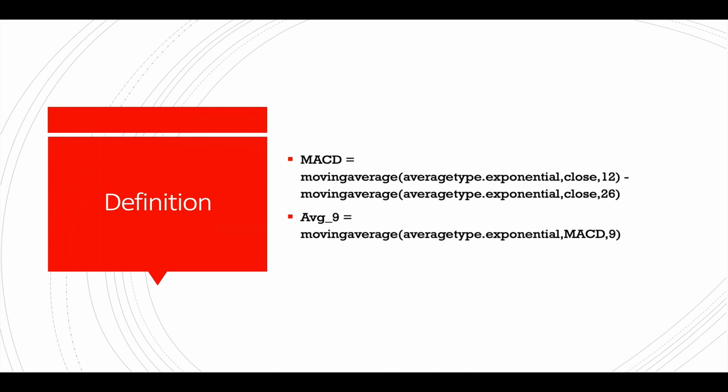Now, in order to make your trades a little bit better, you want the MACD to be trading above its 9-period moving average. So what you do is you calculate, just for illustration purposes, I've called it average underscore 9, which is nothing but the moving average of the MACD of the 9 period, right? So that's basically the two parameters in this definition.